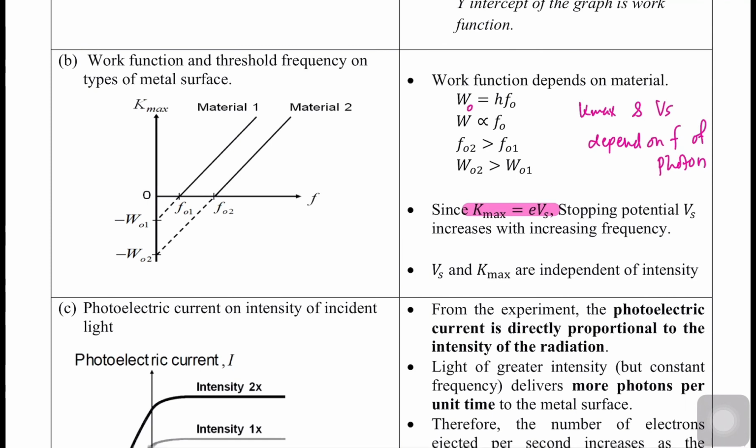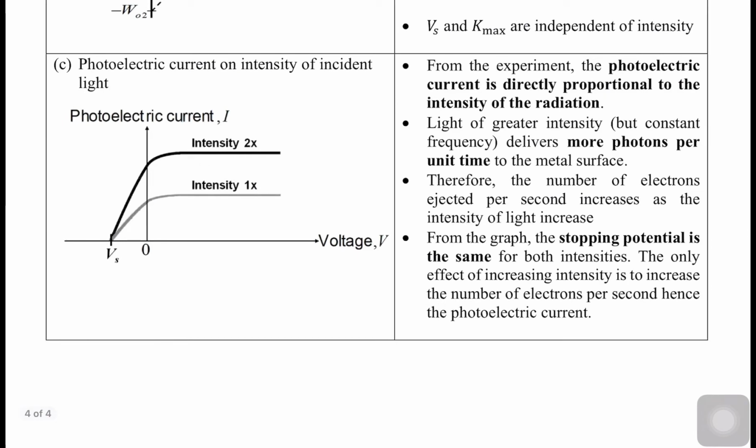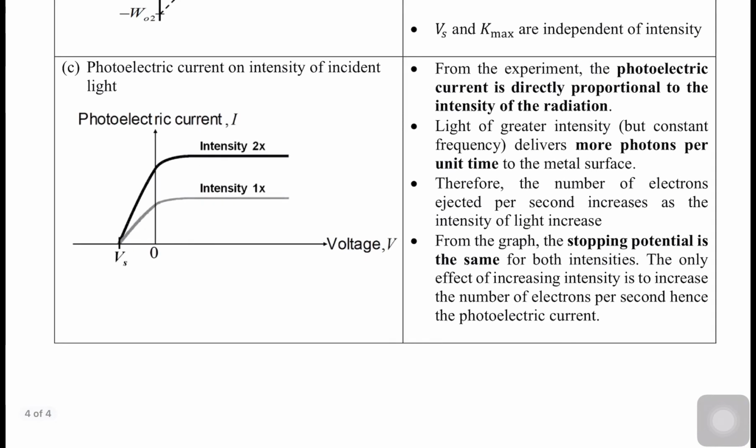Okay. So next is photoelectric current versus voltage. Okay, so from the experiment, the photoelectric current is directly proportional to the intensity of the radiation. So current ni is directly proportional with the intensity.